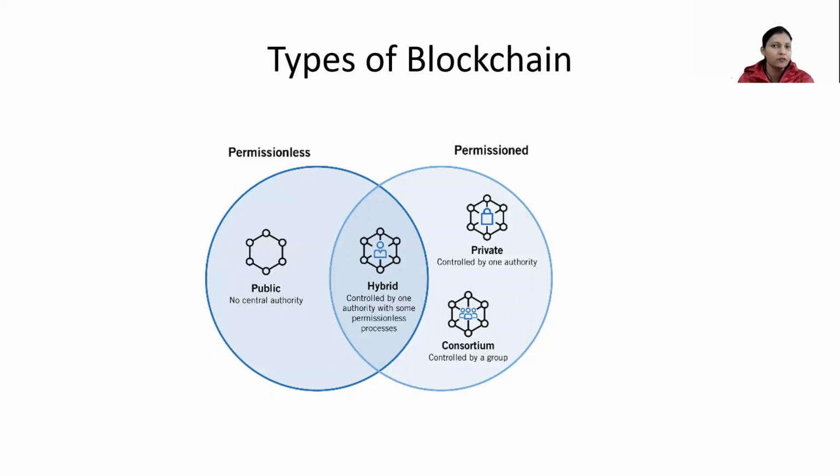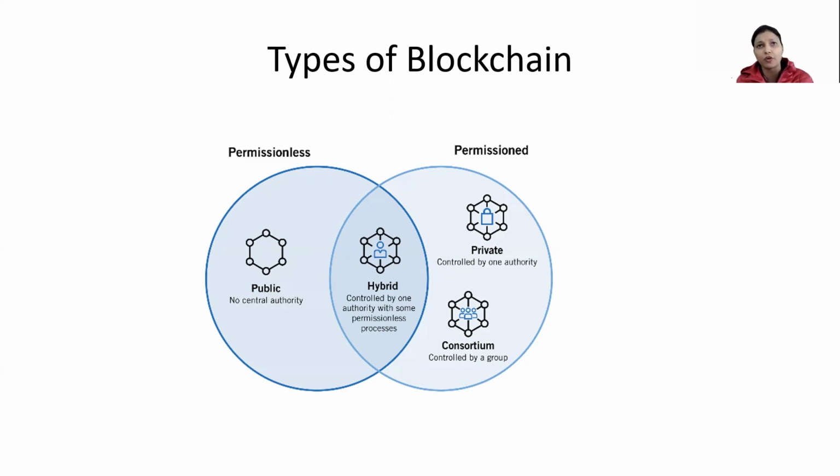If we want to be part of the Bitcoin blockchain, we can just sign in. We can go to the Bitcoin website and sign in, and we become a node of that blockchain. So permissionless blockchains are blockchains in which we do not need permission. There is no restriction or regulation on becoming a participant of that blockchain.